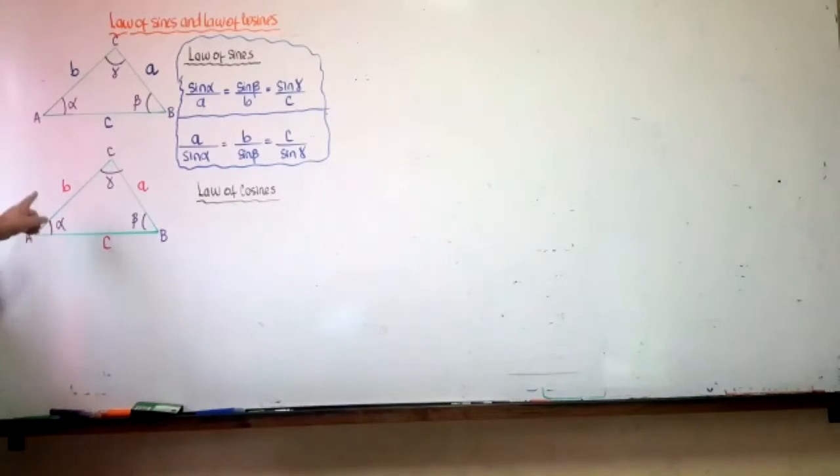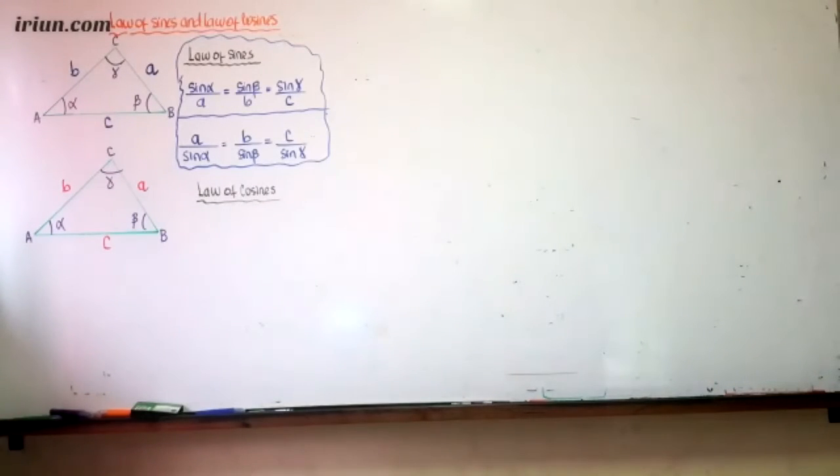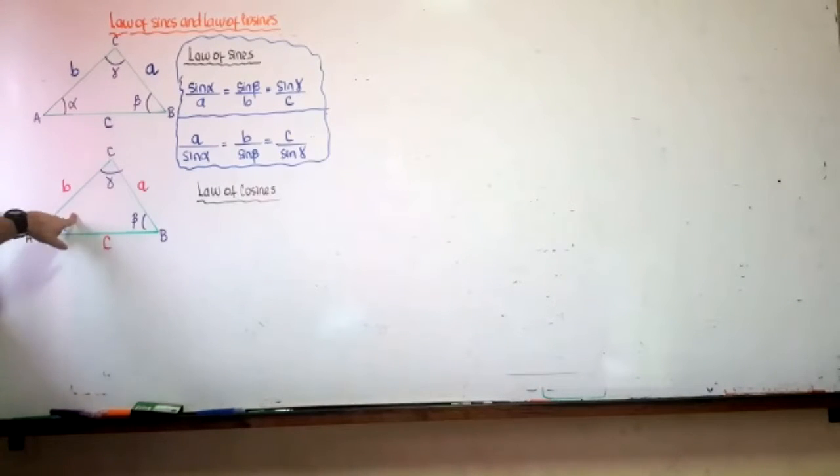When we know the three sides of the triangle, but we don't know at least one angle. And the other case is when we have a triangle side-angle-side. That means we have two sides, and in the middle between them, we know the angle.